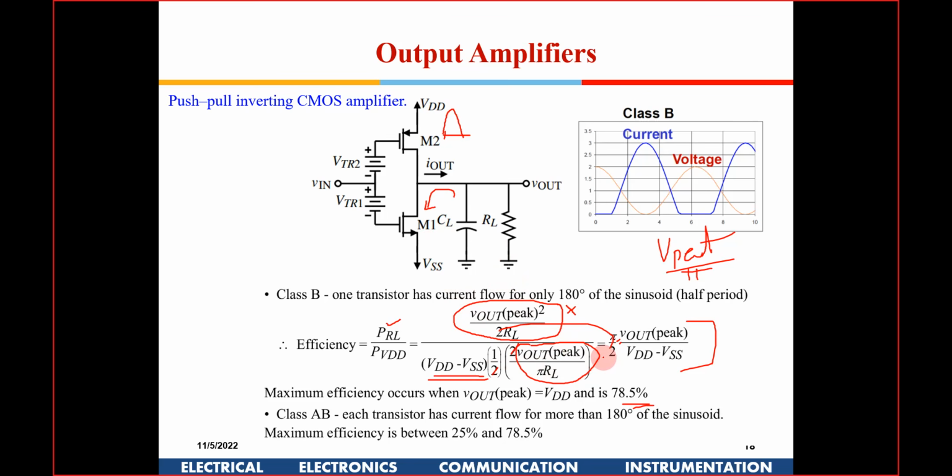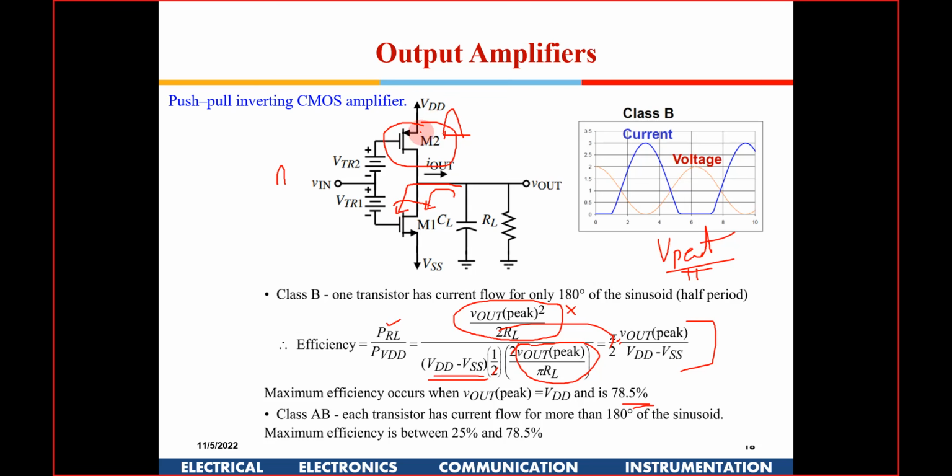Sir, can you explain the operation of Class B again, like how it is a half-wave rectifier? See, when the signal is going in the positive direction, this transistor is switched off because you have biased it at the threshold. So only this transistor is working, and it is going to pull down this node to 0, like a digital circuit.